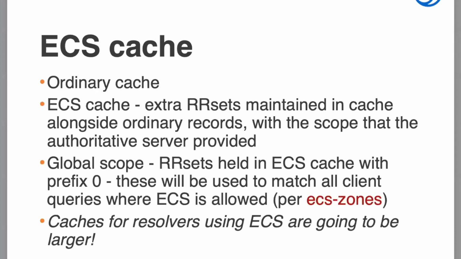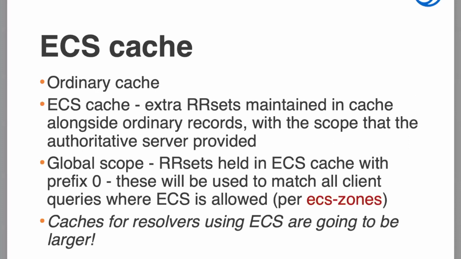But suppose you had the scenario where you have one answer which has no ECS on it at all. And then in the same place, sitting behind it in another dimension, you have got the ECS scoped answers that will be used for clients that ask a question that matches an answer that we've got with ECS on it before. So that's how ECS cache is implemented.